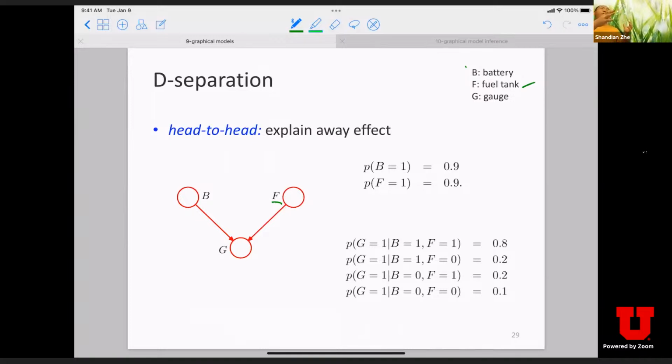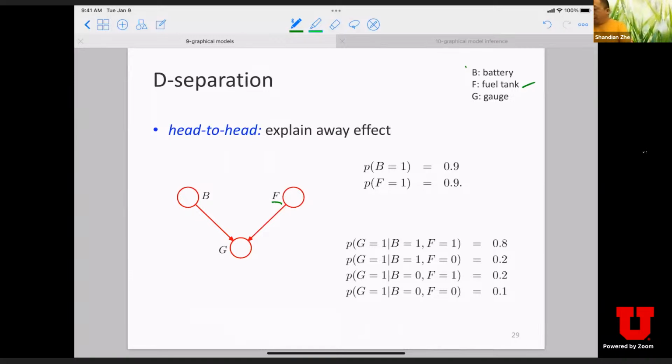Sometimes the gauge shows empty, which doesn't necessarily mean that your fuel tank is really empty, because it also relates to the battery and the sensor. There's a sensor installed on your fuel tank, and the sensor can detect if you're really running out of gas. So there are some variable relationships between the battery status, the fuel tank status, and the gauge reading. Does it make sense? So we just use a Bayesian network to model their relationship.